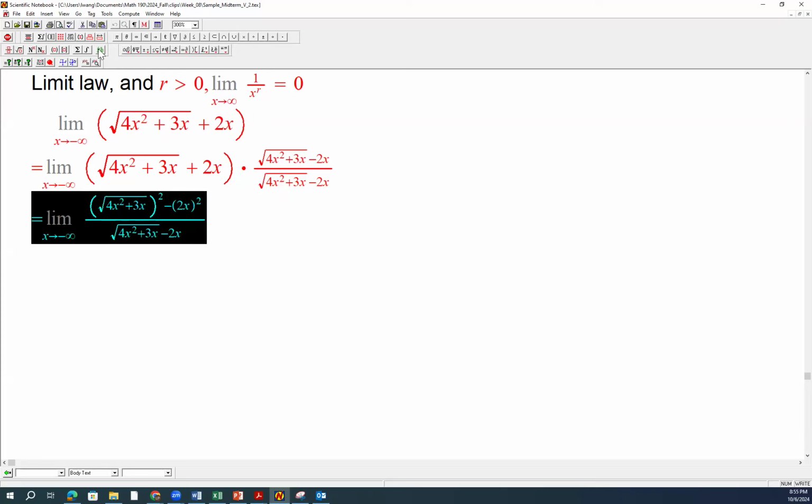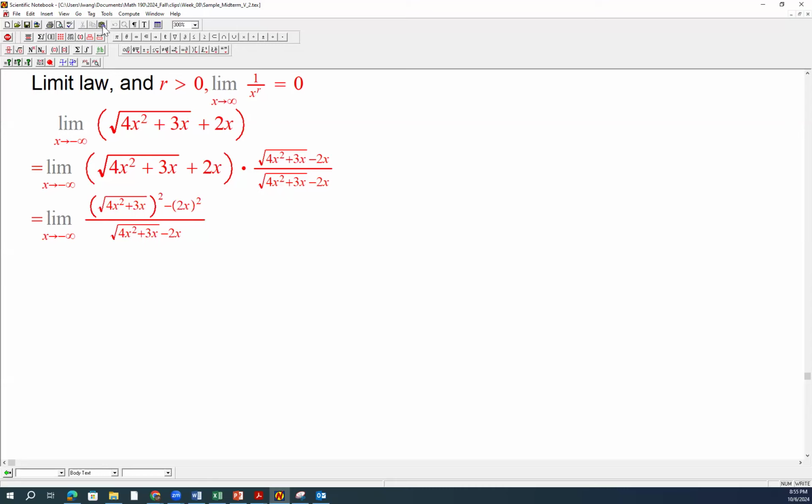Continue. We know all the properties involved, and so this is going to be 4x squared. I'm sorry, it should be 4. Hold on, I'm coming back. 4x squared. After we got the 4x squared, then we can reduce it. So now the question has changed, and this is just going to be 3x.